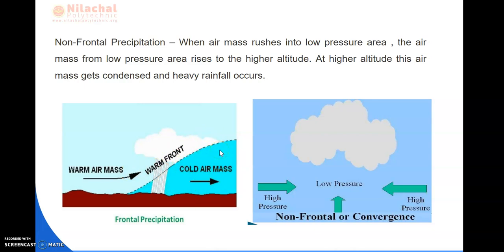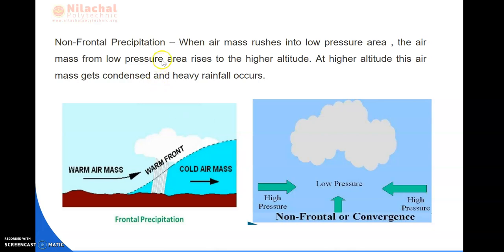So when the moving warm moisture mass is obstructed by the cold air mass, the warm moisture rises up to a high altitude, then gets condensed and heavy rainfall occurs.